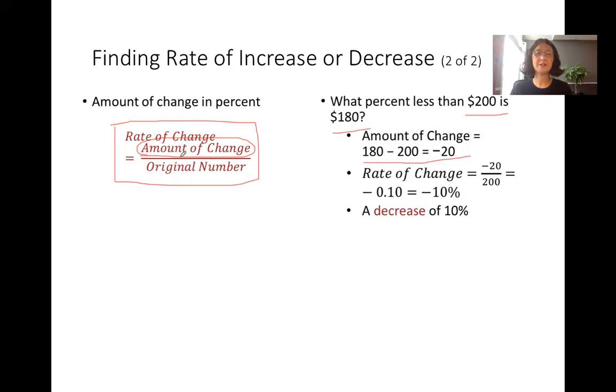And then you use this formula. The amount of change, negative 20, divided by original number, 200, you get negative 0.1 or negative 10%. This negative means decrease. So if you decrease $200 to 180, the decrease is 10%.